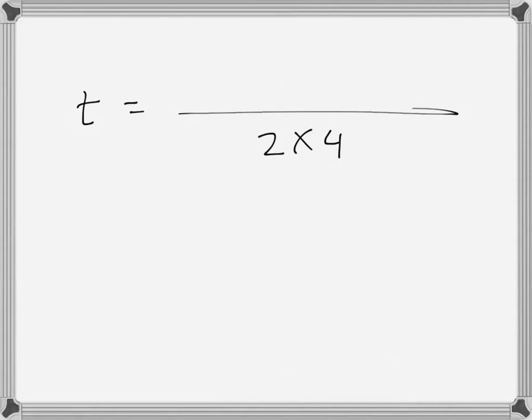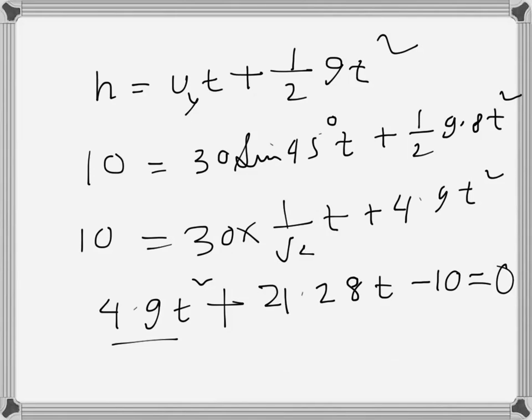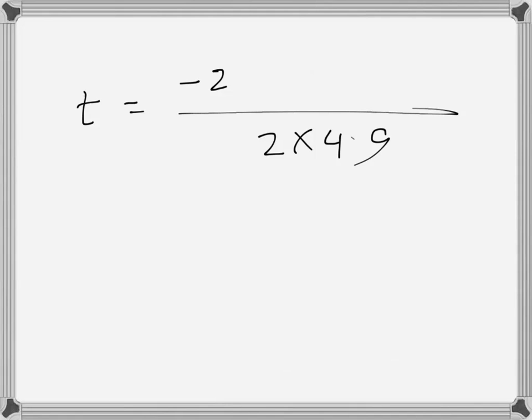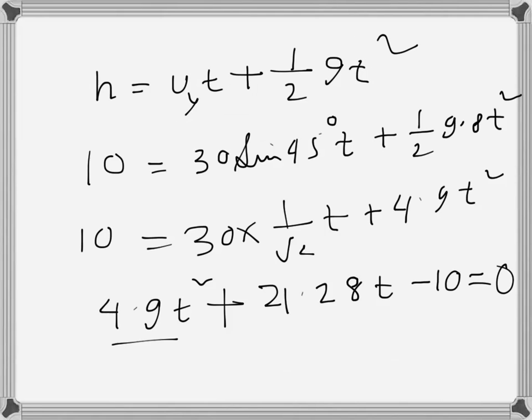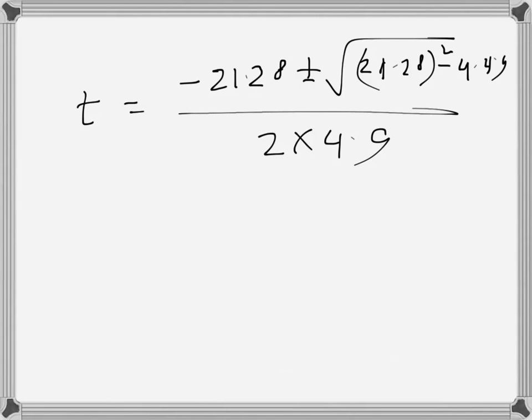t equals minus b, 21.28, plus or minus the square root of b squared minus 4ac, 4 times 4.9 times c, which is minus 10, so that's plus 4 times 4.9 times 10, over 2 times 4.9.